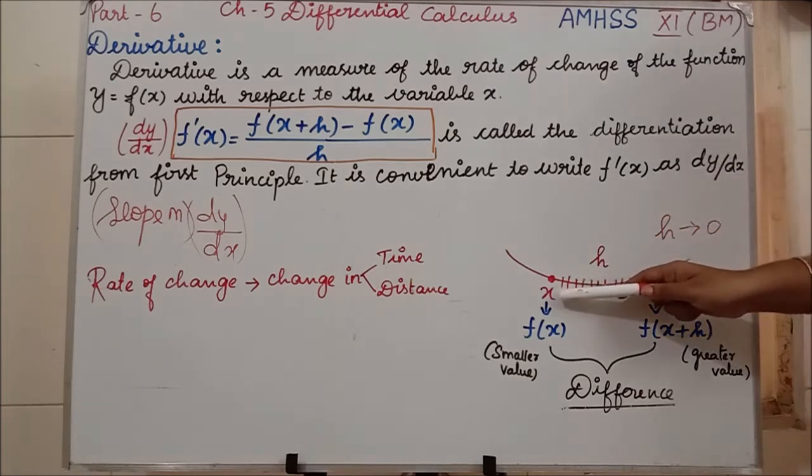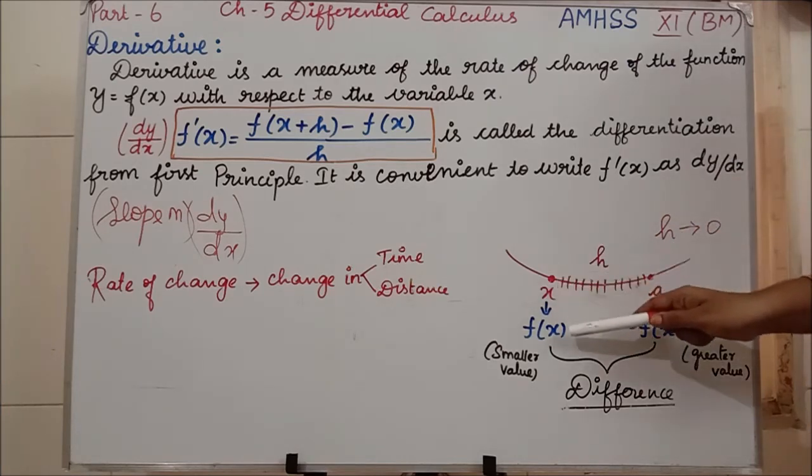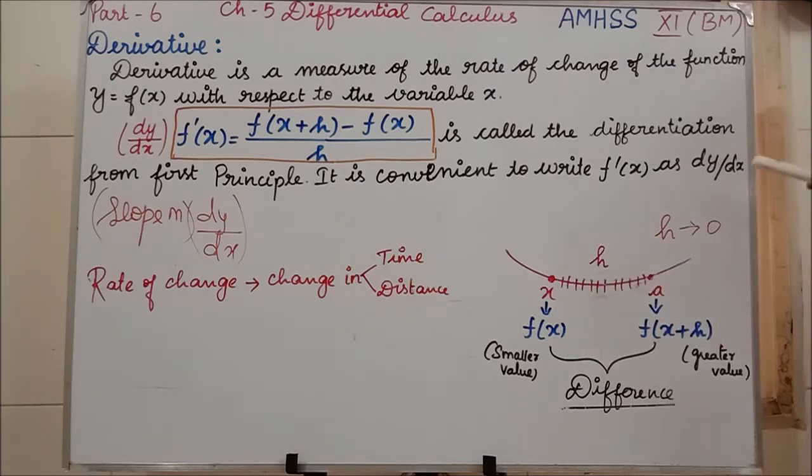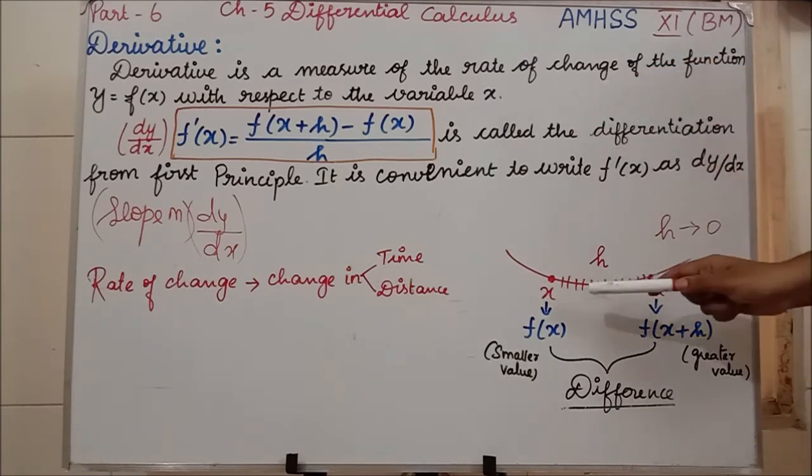When x is at this point, the function will be f of x. When it is attaining a, the function will change into f of x plus h. Why? Because along with this x, which variable is traveling? This h variable. So f of x plus h we have to write. Clear, students? From this concept only we have got this formula.